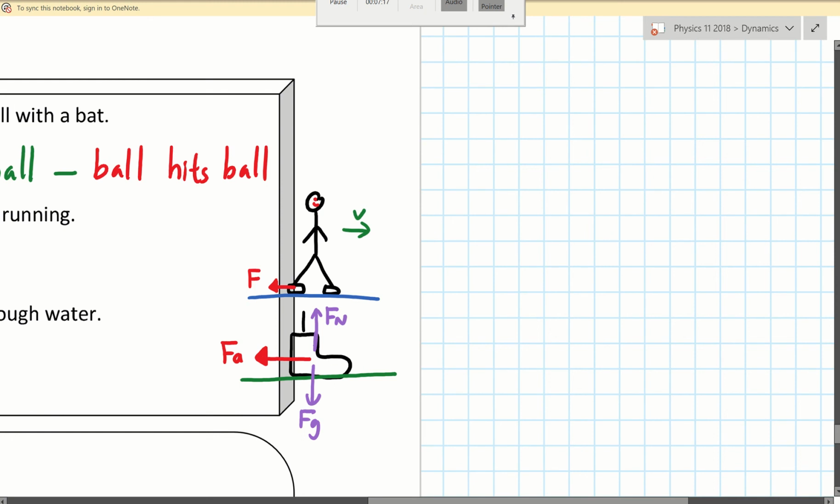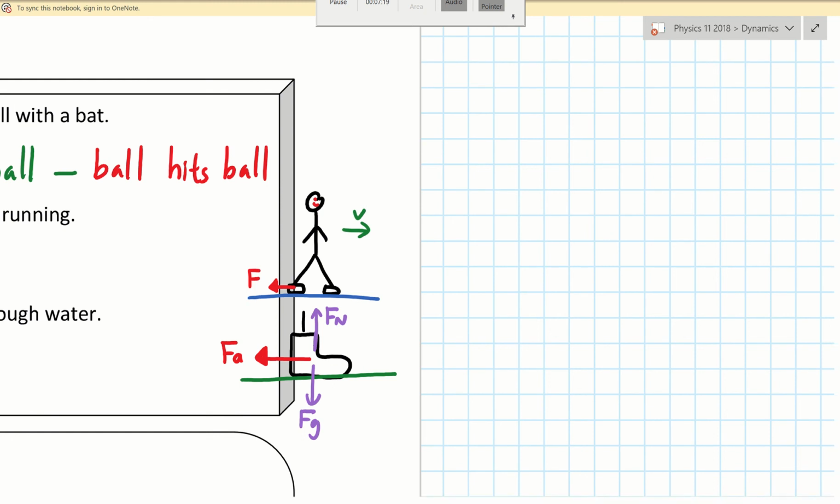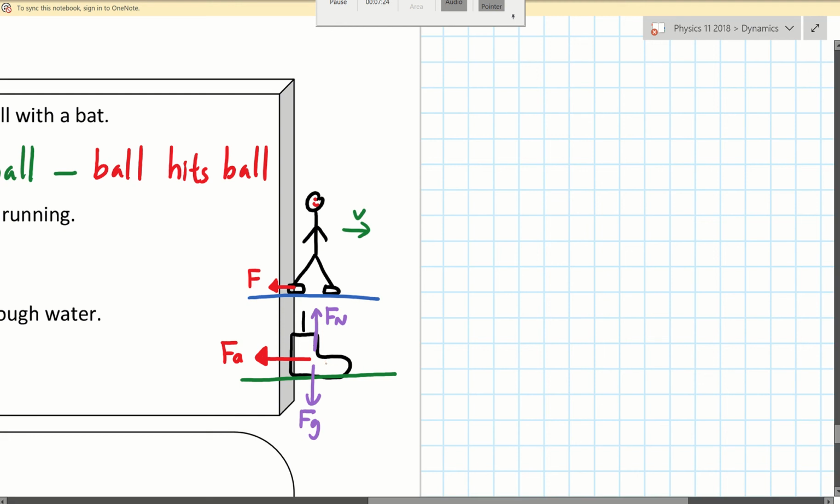Now, some of you might have guessed it already. This picture is missing friction, because the ground and your feet have friction. You have the normal force and you're rubbing against the surface, so you will have friction. But what a lot of people don't realize is that this friction is exactly the same amount as your applied force.